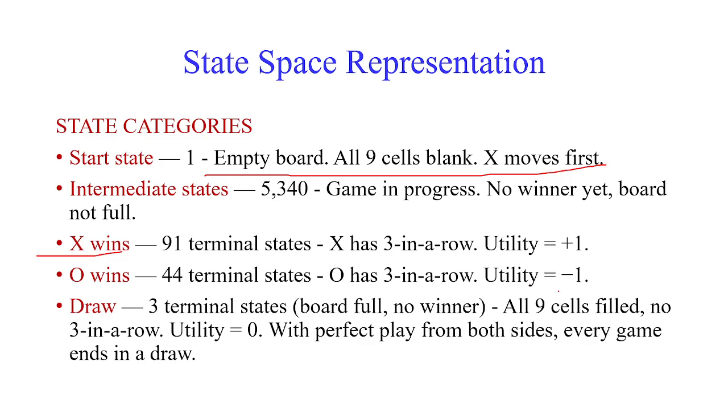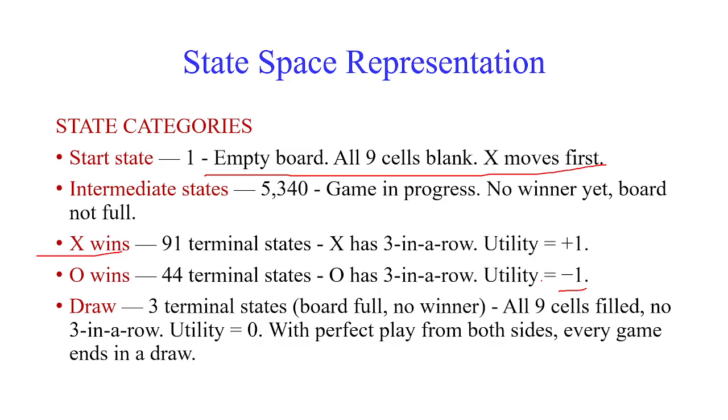Utility is minus 1. If you observe, O has fewer winning states than X. That's because X always goes first and has a structural advantage. And there are 3 terminal draw states. The board is completely filled with no winner. That is, the utility is 0.